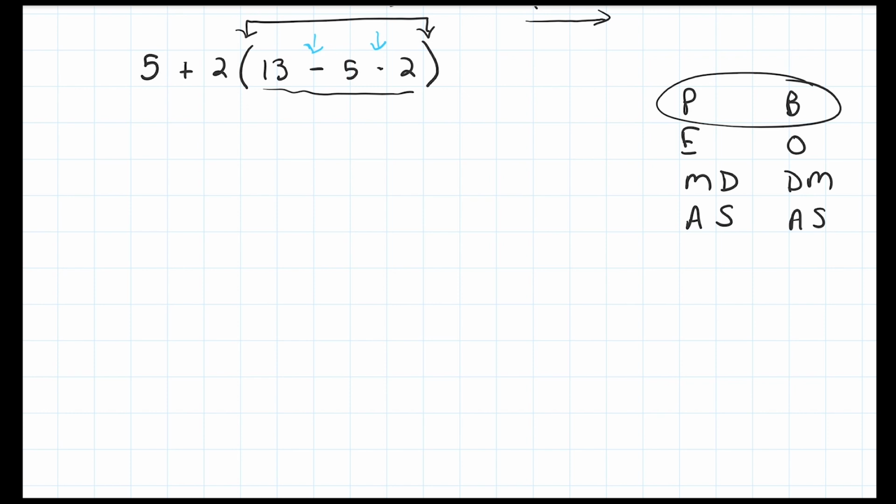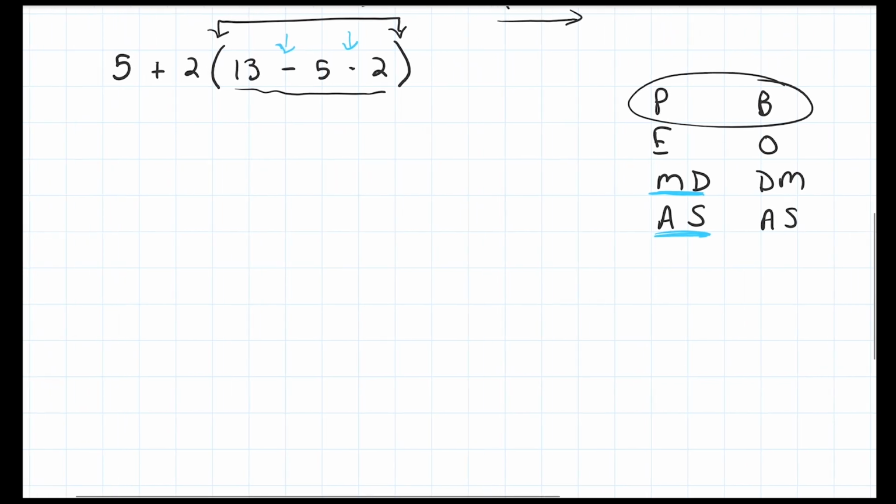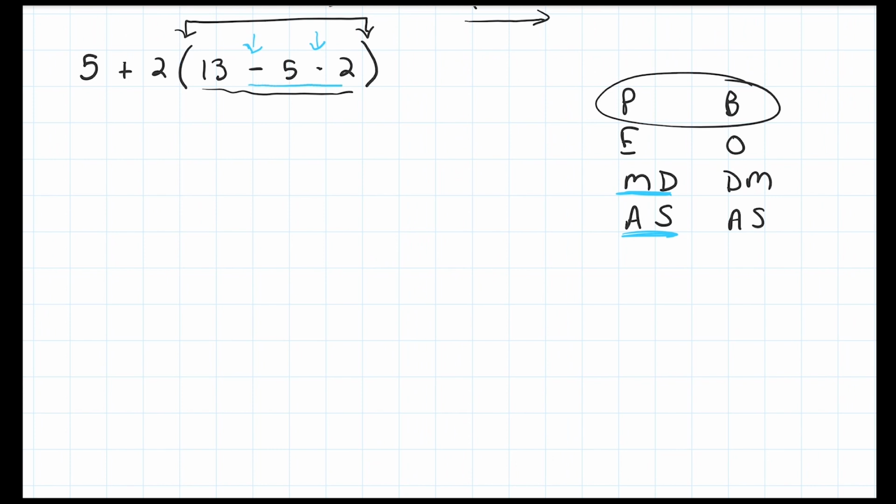Now, using our order of operations, we can see that multiplication and division come before addition and subtraction. So that's what we're going to do first, this multiplication problem. So we will still have our 5 plus 2 times 13, and then we have negative 5 times 2.